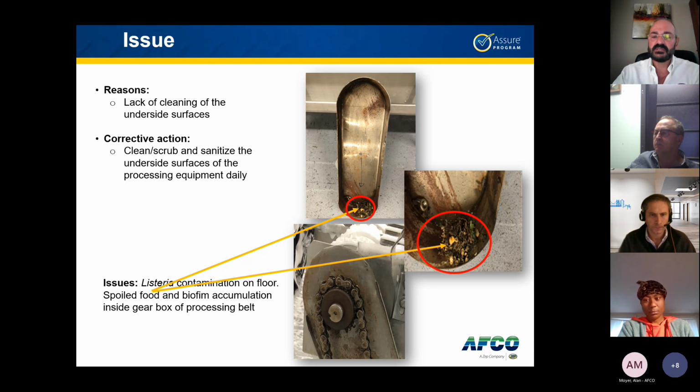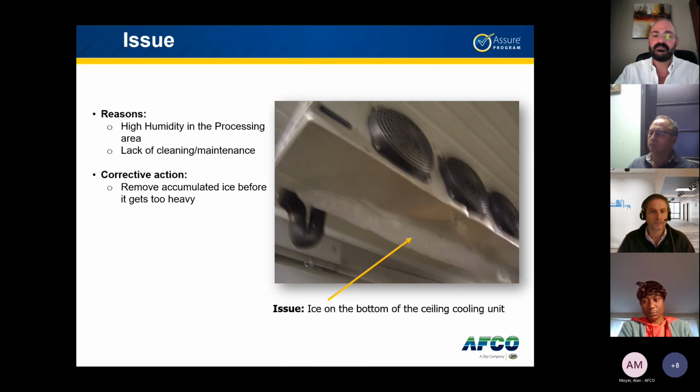Of course, that will cause microbial contamination to that particular piece of equipment that has a belt. Actually, as you see in the back, it's like driving gears for the conveyor belt. So you have to open all the gearboxes, all the electric boxes, to make sure there are no food residues inside them.